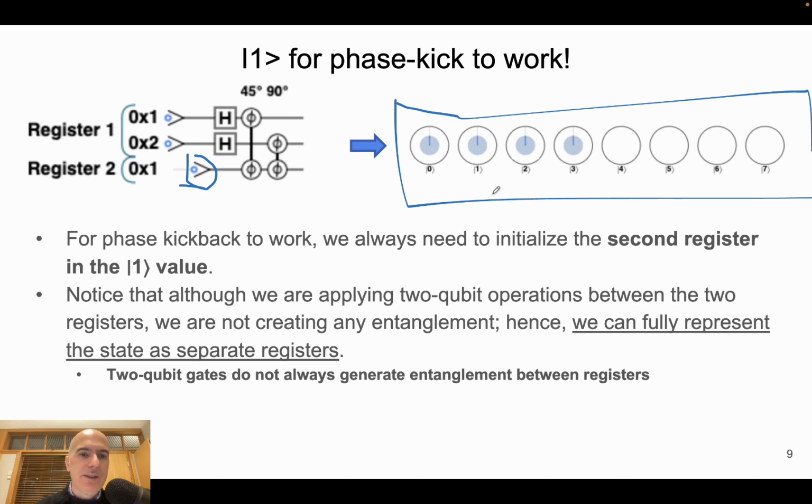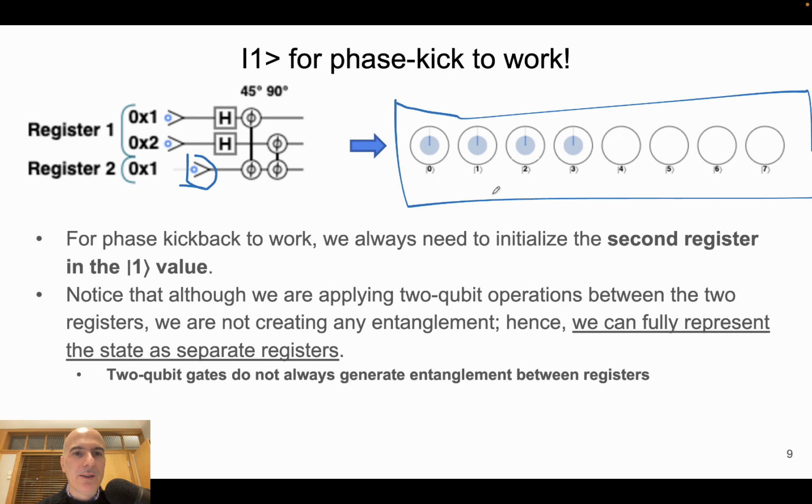Note that although we are applying a 2-qubit operation between the 2 registers, the 2 registers are actually separable, so there is no entanglement. So we can fully represent the state as separate registers. A final important note for this lecture before I finish up is that 2-qubit gates do not always generate entanglement between registers.